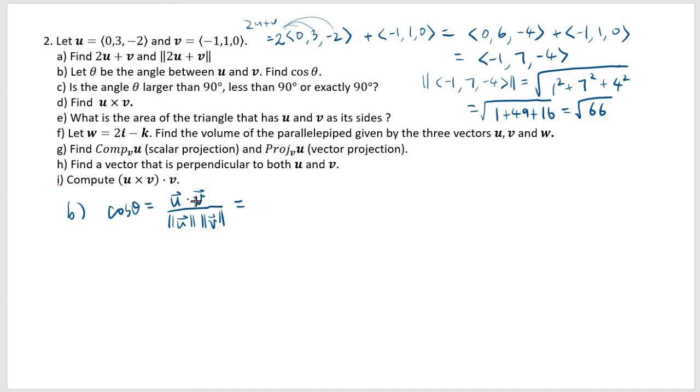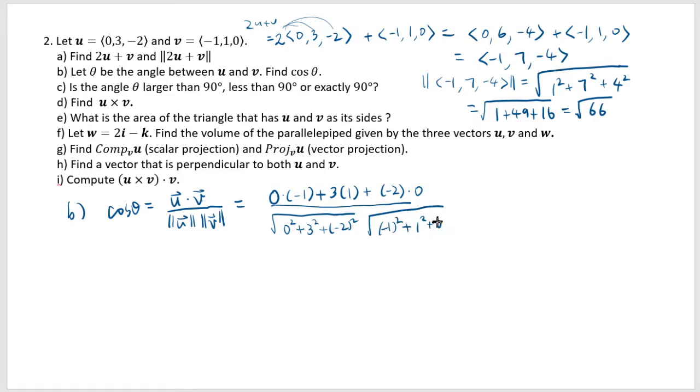So now since we have the u and v, we can actually compute this. So first, u dot v is a component-wise multiplication and add. So 0 times -1, 3 times 1, -2 times 0, divided by norm of u, which is square root of 0 squared plus 3 squared plus -2 squared, times norm of v, which is square root of -1 squared plus 1 squared plus 0 squared.